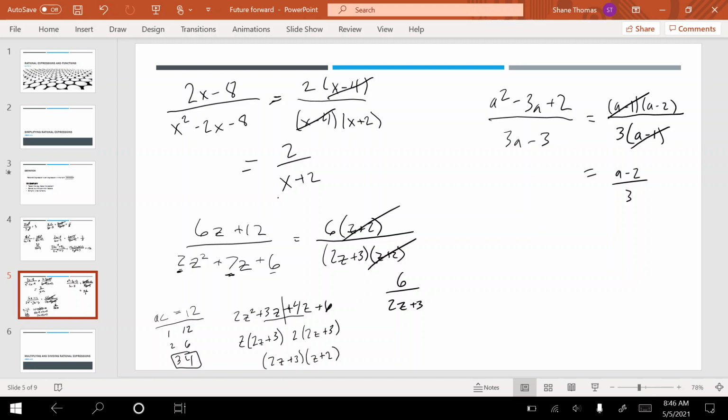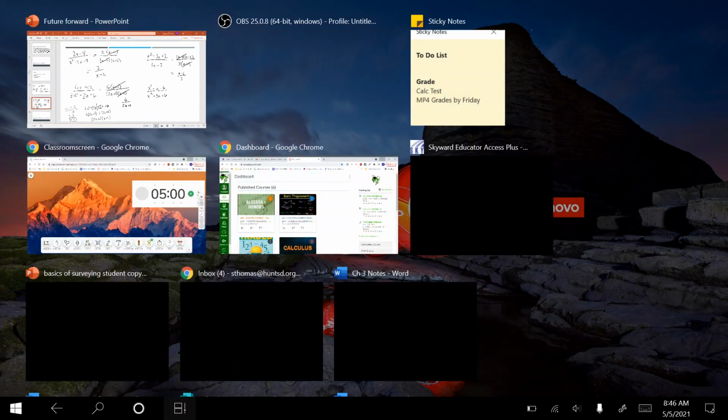Okay, last one for this section. x squared minus x minus 6 over x squared plus 5x plus 6. Take a minute and try that guy.